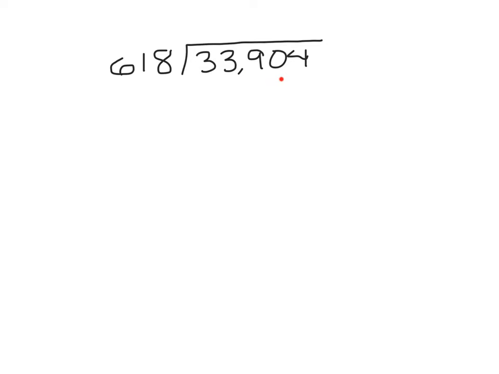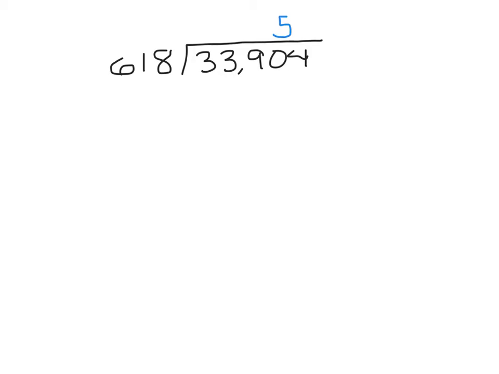So I need to go clear over here, into the number 3,390. My quotient is going to begin right above the tens place. 618 going into 3,390 goes in there 5 times, so I put my 5 right above that tens place.